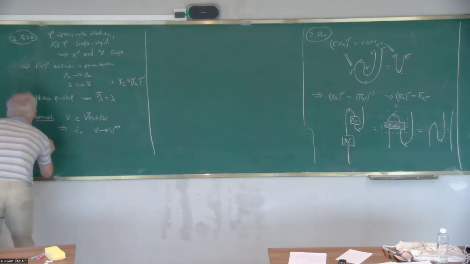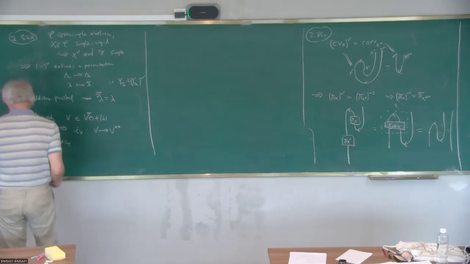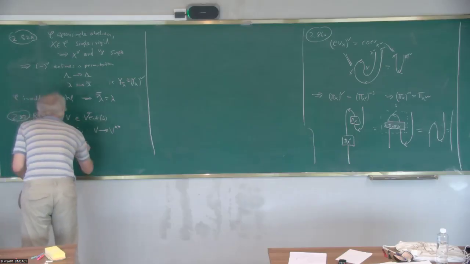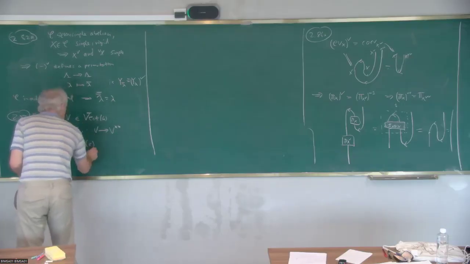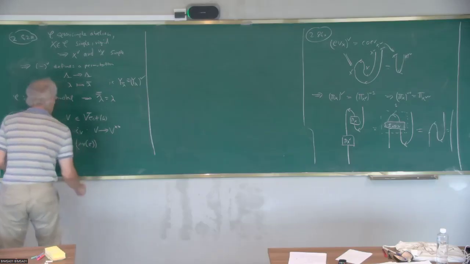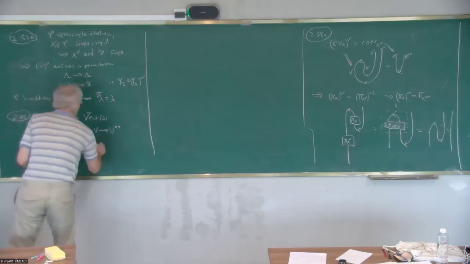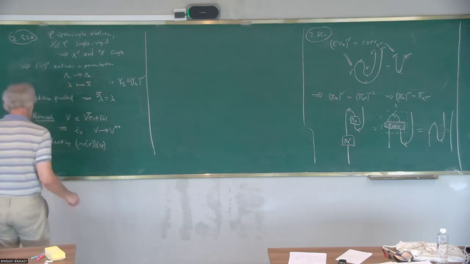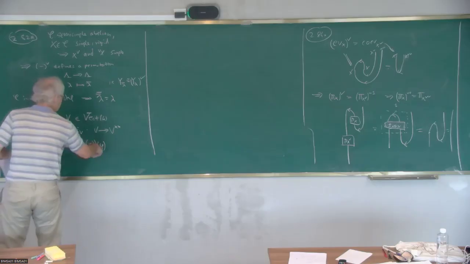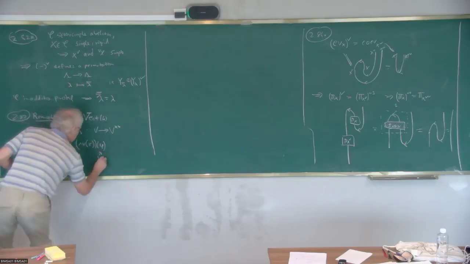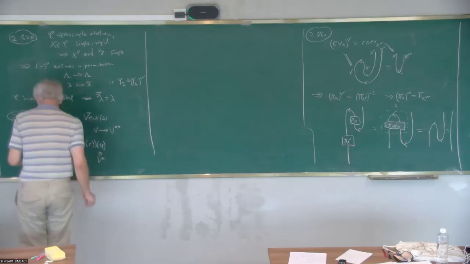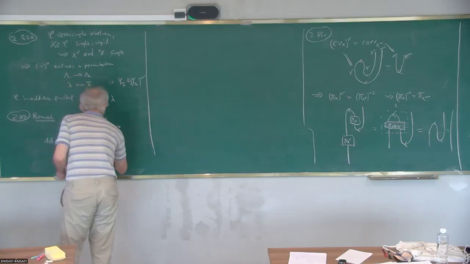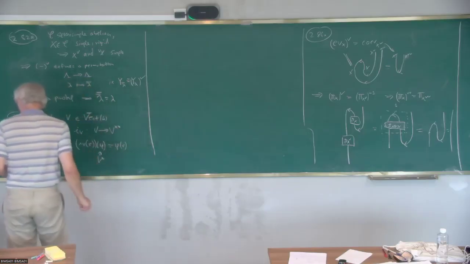This is a linear map which we can define by IV applied to a vector v in V. We define this by saying how it acts on an element in the dual vector space. And it acts just by evaluation.